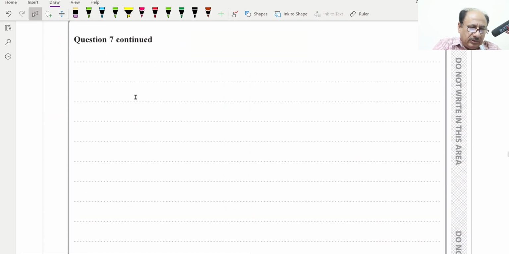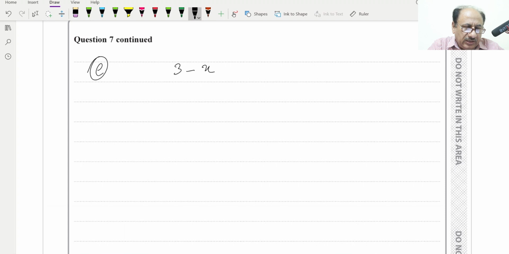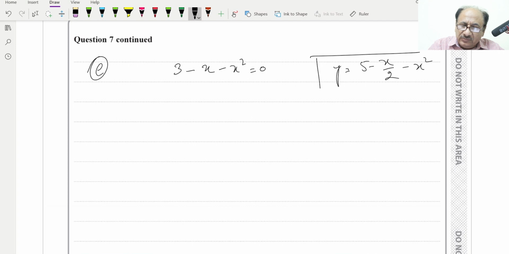This is part E. The given equation is 3 minus x minus x square is equal to 0, and we need to change the shape, and we require this format, which is y is equal to 5 minus x by 2 minus x square. This is the format which is provided, and we want to achieve this format.